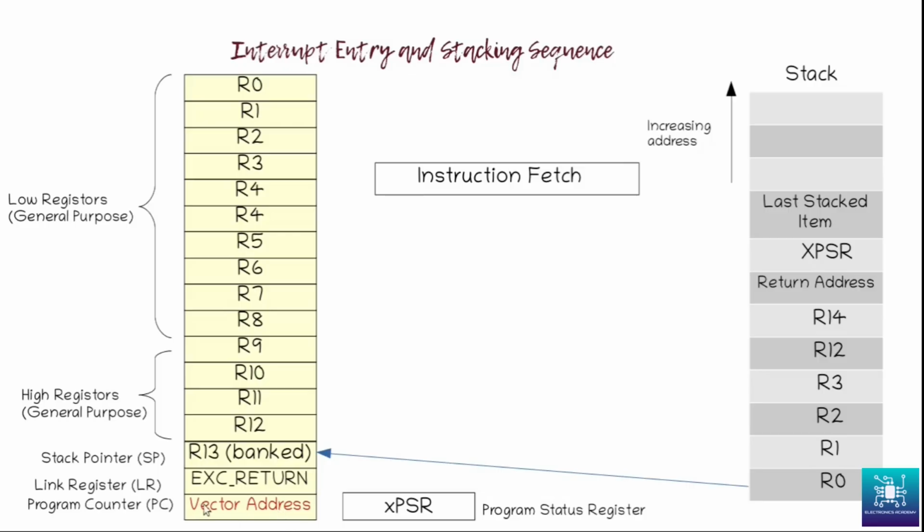Okay, so now the program counter points to the interrupt vector location of that particular interrupt that has been raised. Now all of this is happening in the hardware, so there's no code for this. All of this happens in the Cortex M4 core.